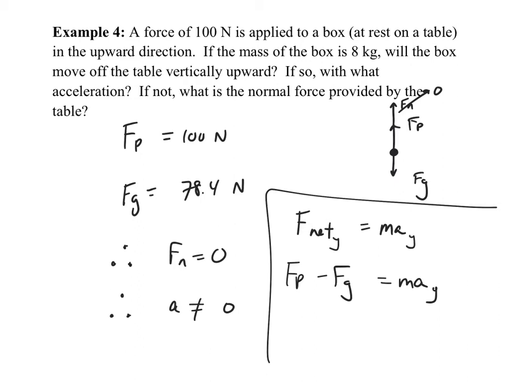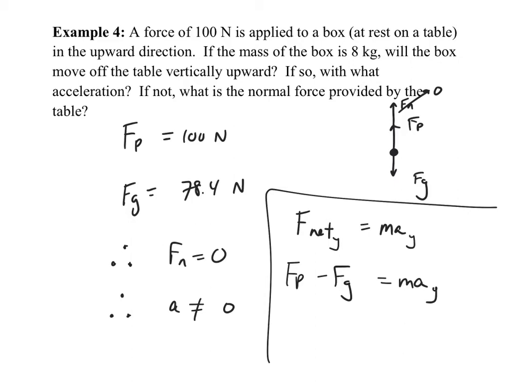So although I'm writing F net in the y direction equals may, I don't need the y as much in this problem. But in a moment, we're going to look at problems that involve both x and y directions, so we're going to have to specify which direction we're looking at. Here, though, I'm only looking vertically. Anything acting up is positive, anything acting down is negative. Now, there's going to come a time where I'm going to switch those things.